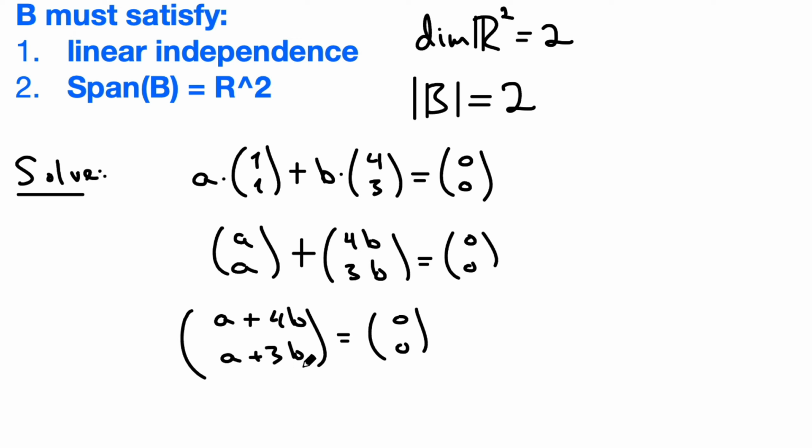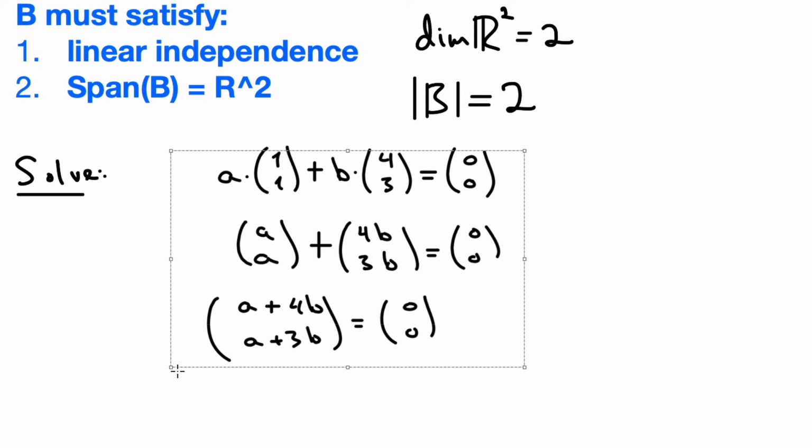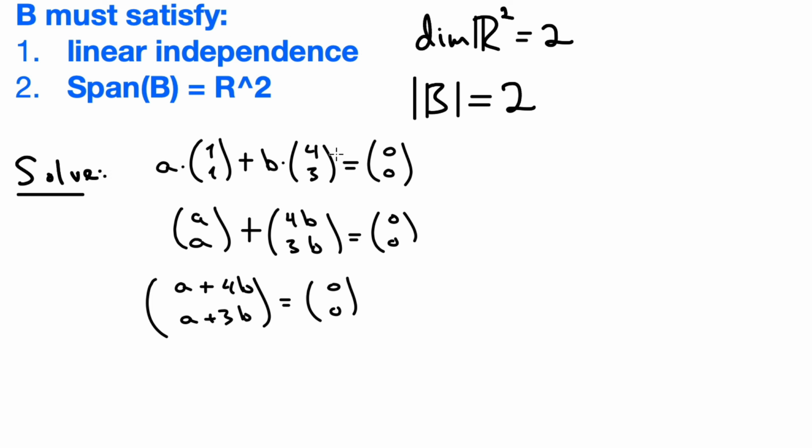And we can use Gaussian elimination, or we can just use common sense. So what we get here is A plus 4B equals 0, A plus 3B equals 0. And we'll see a shorter solution afterwards involving determinants.